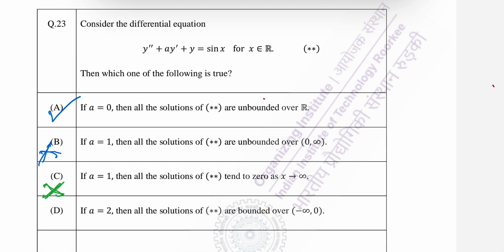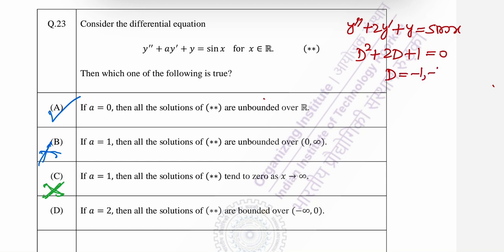So for a equals to 2, the equation will be y double dash plus 2y dash plus y equals to sin x. For this, we take D square plus 2D plus 1. From here D equals to minus 1, minus 1.